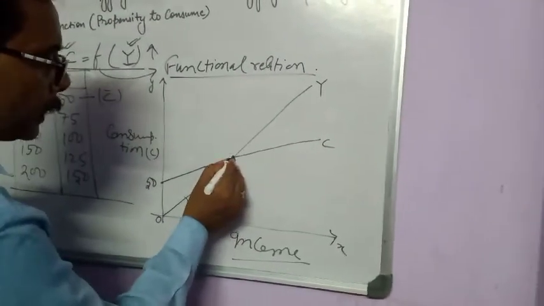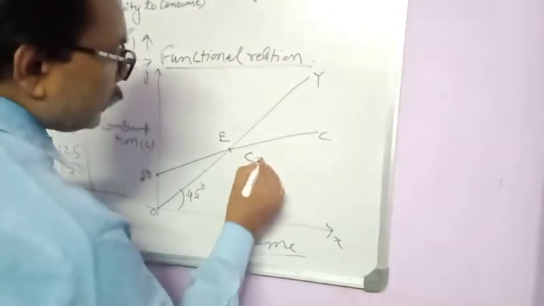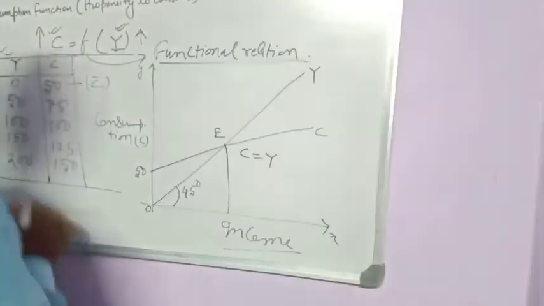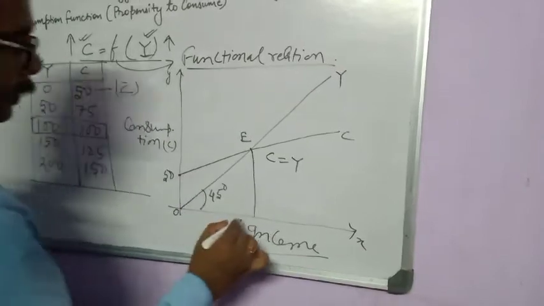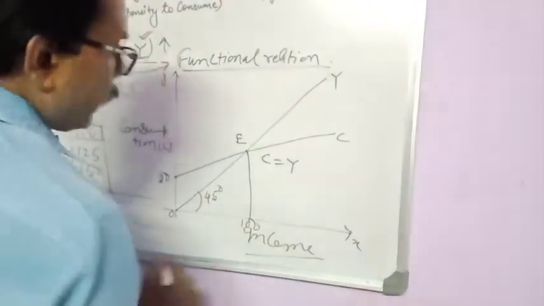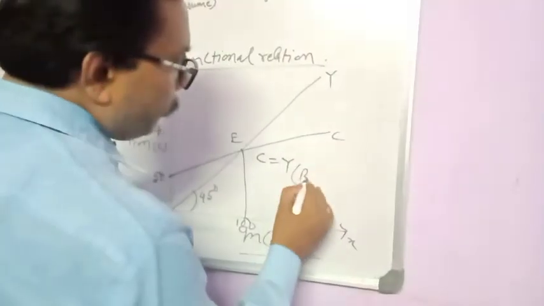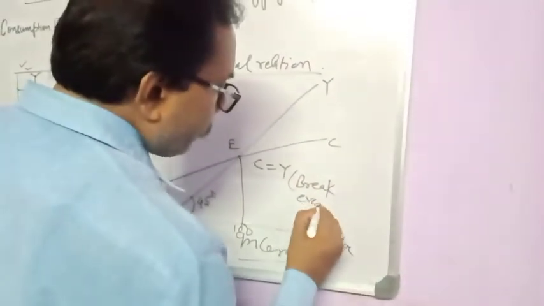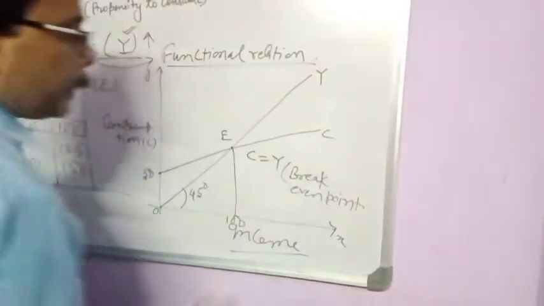Clear? This is a point E, where C is equal to Y. Is it clear? And here I have shown in the schedule, let it be 100. And what I told you, C is equal to Y means break-even point. Clear?